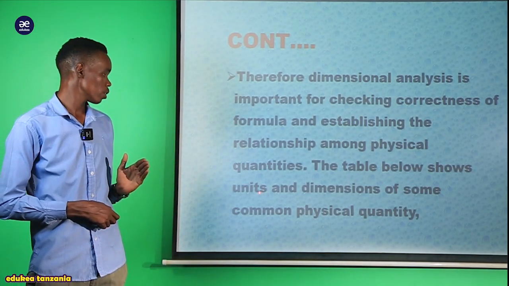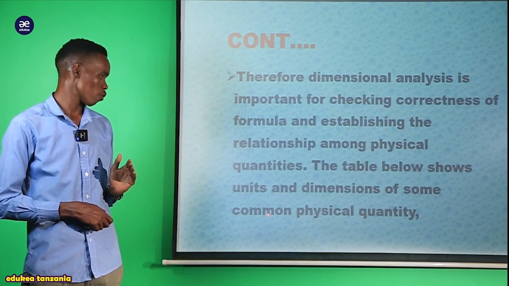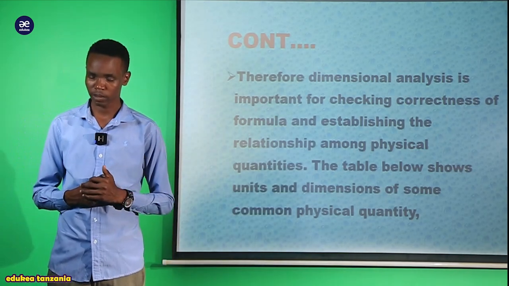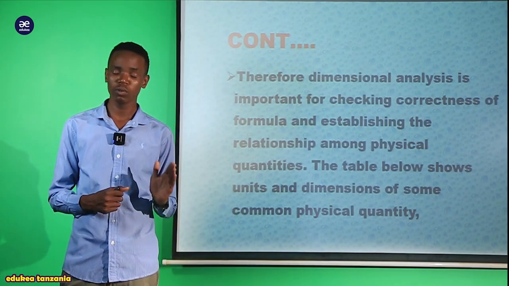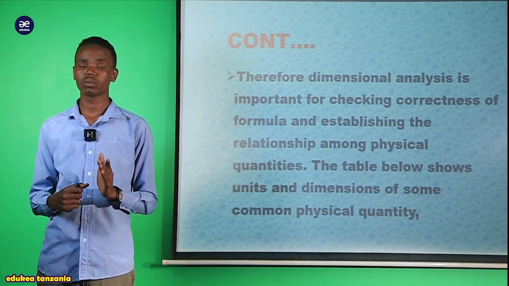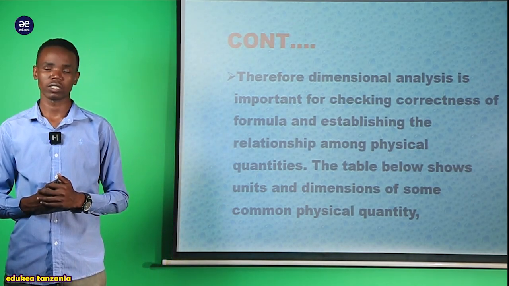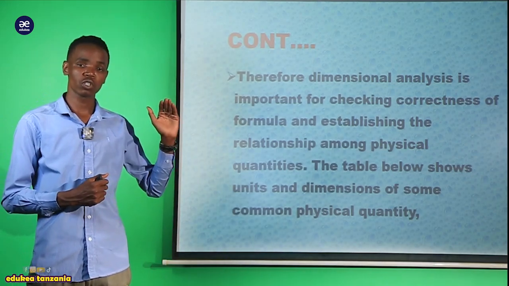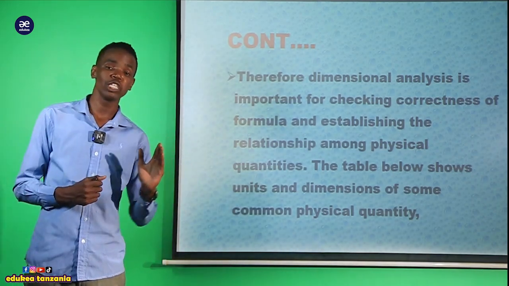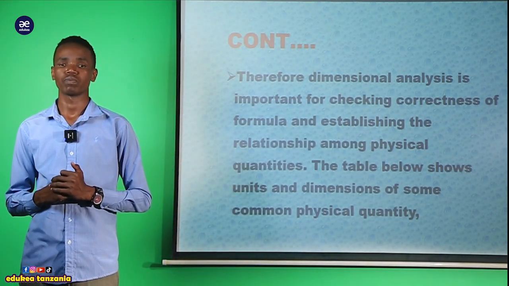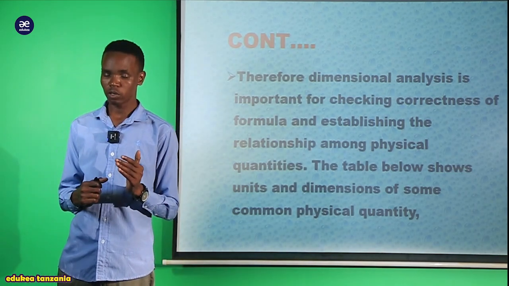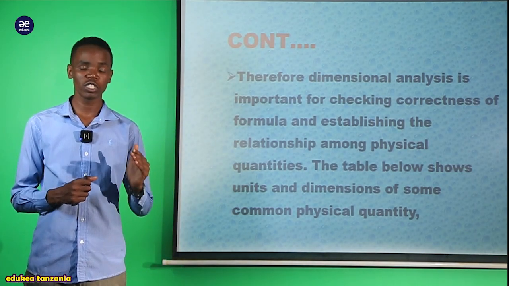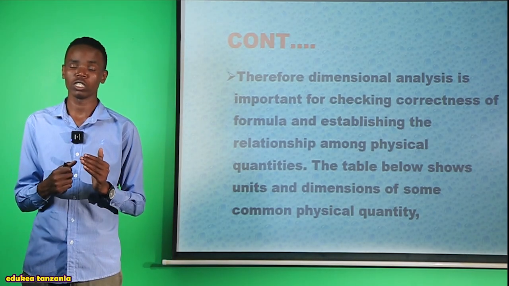So the table below shows the unit and dimension of some common physical quantities. Now here, my dear student, we are going to see the table that explains about the dimensional analysis. We have the physical quantities and also the dimension of those quantities. Twende tukaangalie how can we express those physical quantity in a dimension form.